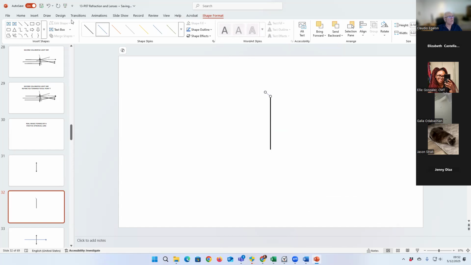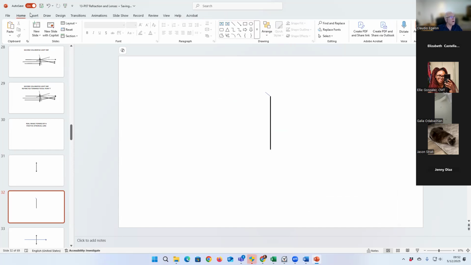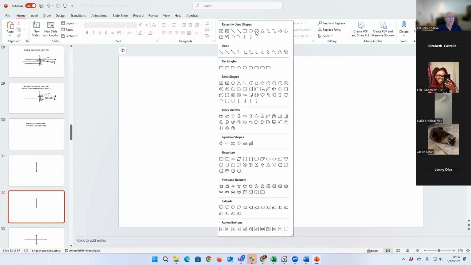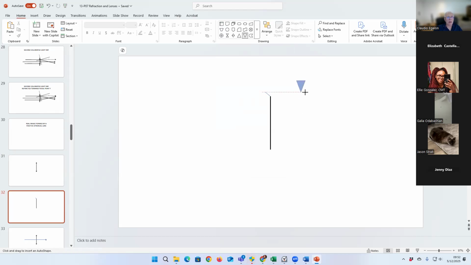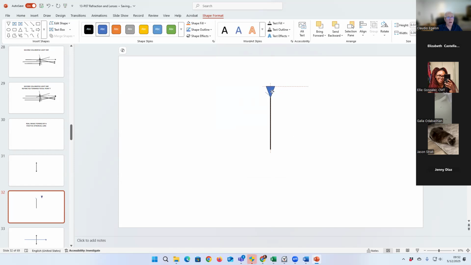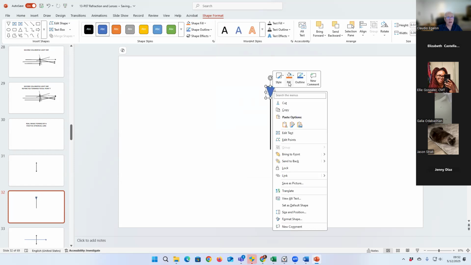I'm going to make it simpler here for all of us. Interesting, that didn't work. Let's try another one. One is an upside down triangle. Here you go, we have an upside down triangle.